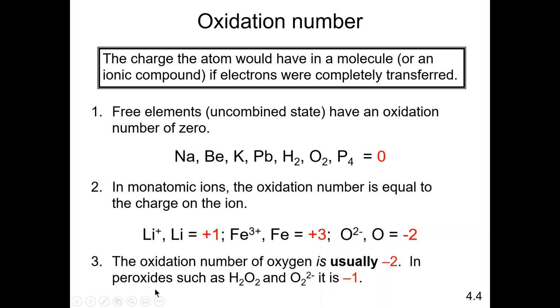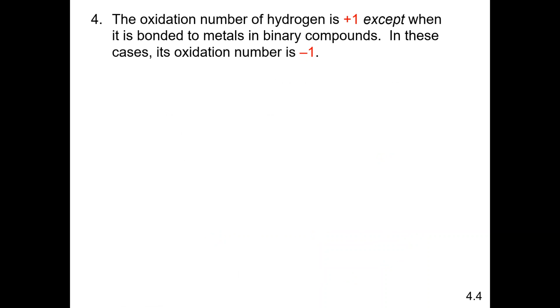That's one rule you need to remember specifically for oxygen. Then we get to hydrogen. If hydrogen is combined with any other element, its oxidation number is +1, except if it is combined with a metal in a binary compound. In other words, if you have hydrogen bonded to a metal, then the oxidation number of hydrogen in these compounds is -1.